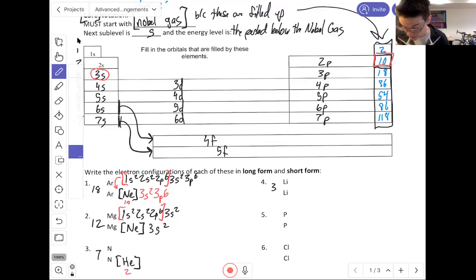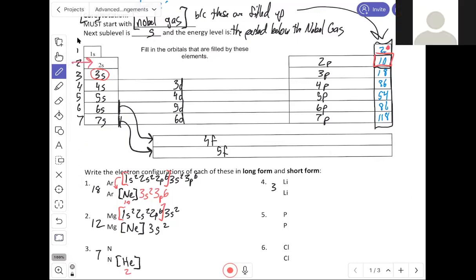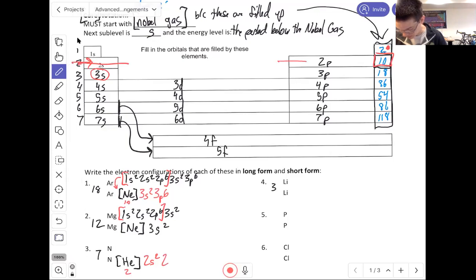Looking at my periodic table, if I start here at lithium, what is the next thing I would write? 2s2. You'd look at the period in the row below the noble gas. So if I started with helium, the next thing down is 2s. I have to pass through 2s, that's two things. Then I would go into 2p, and it would be 2p3, because 2 plus 2 is 4, 4 plus 3 is 7.